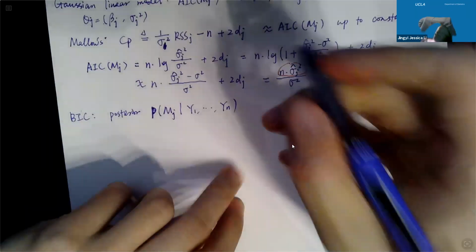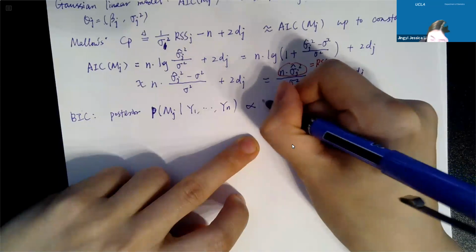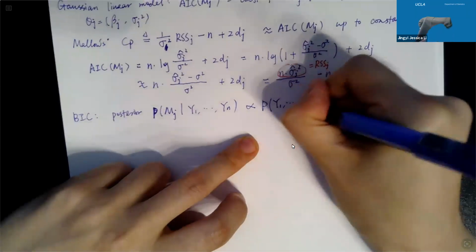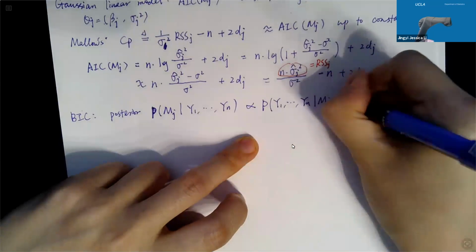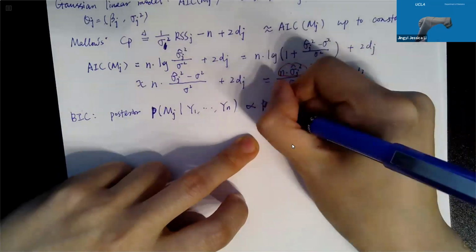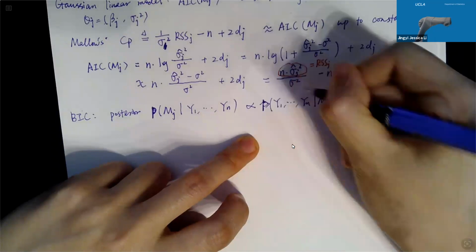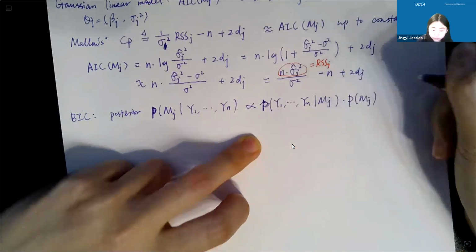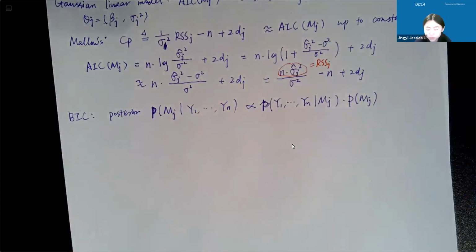And in BIC, by Bayes' theorem, we know this is proportional to the density of my data given model J times, I should write the lowercase, the prior of model J. And here we assume a flat prior, which means that all models are equally likely.